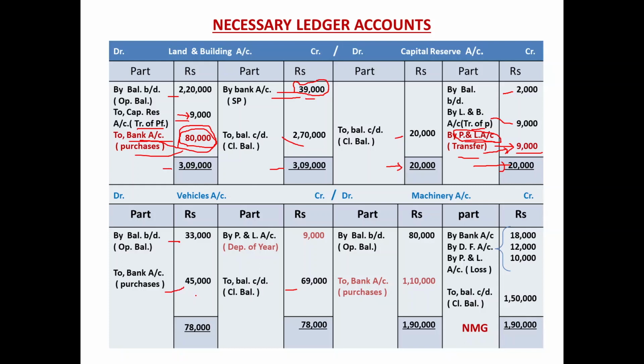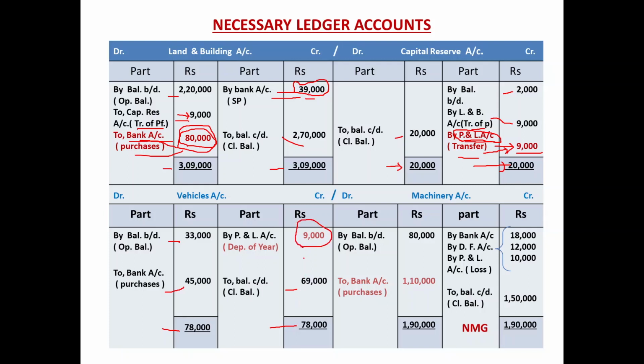The instruction was very clear that no sale was made during the year. Close the account. The debit side looks bigger, 78,000. Put it on the credit side, 78,000. That gives a balancing figure of rupees 9,000 on the credit side.